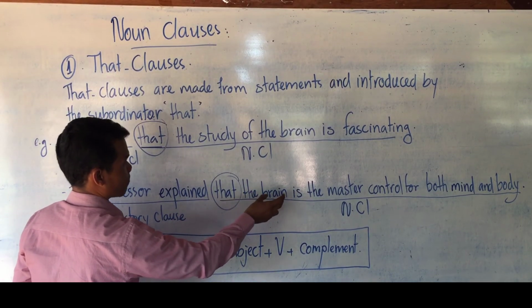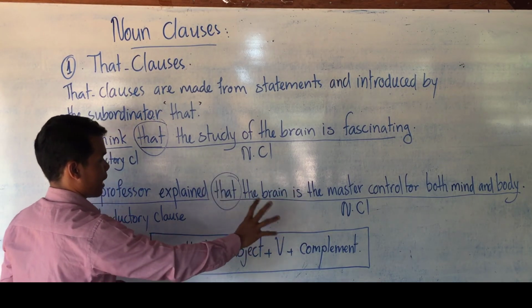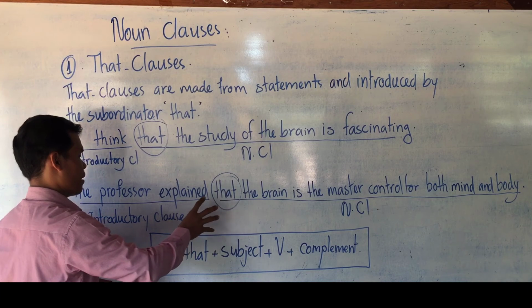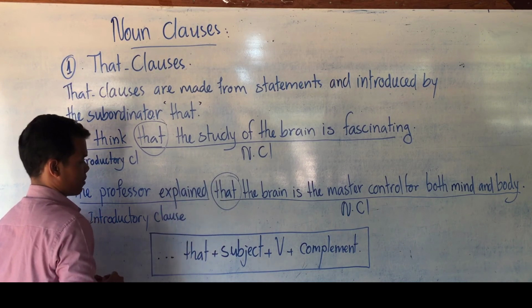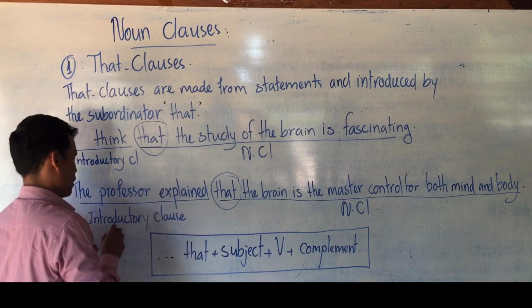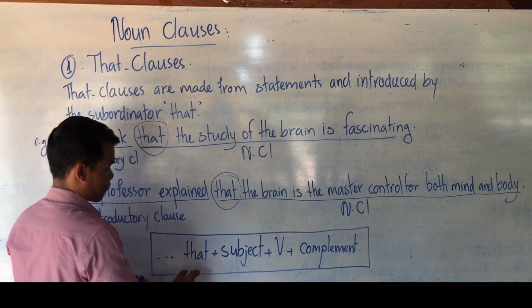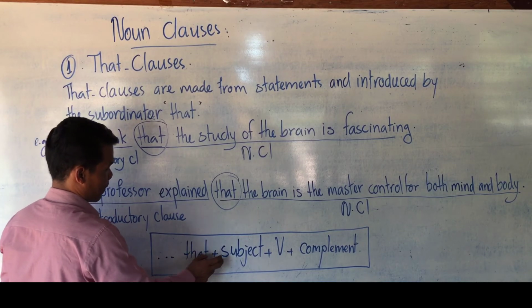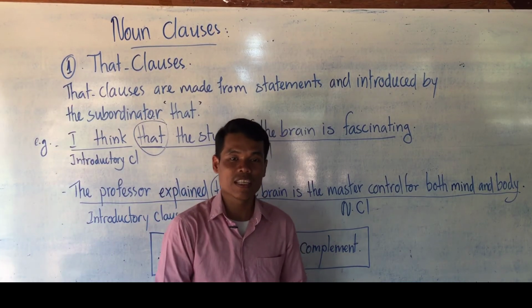That the brain is the master control for both mind and body. From that to body is a noun clause. When we talk about its function, it is an object because it comes after an introductory clause. And this is its form: that plus subject plus verb plus complement. Does it make sense, everyone?